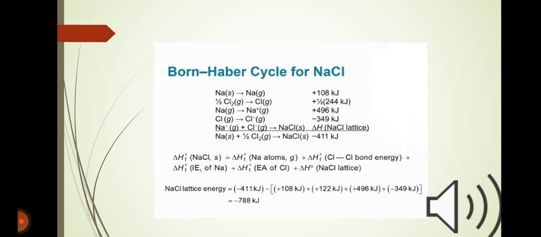So the NaCl lattice energy will be minus 788 kilojoule. This is the Born-Haber cycle for NaCl, and this cycle is used to calculate the lattice energy of NaCl.